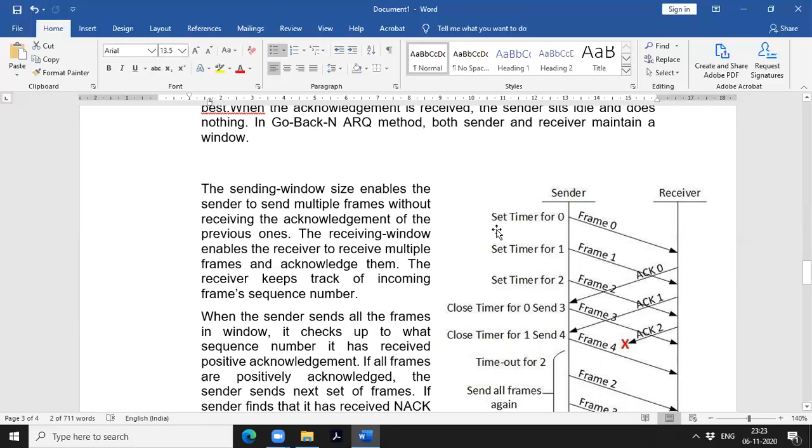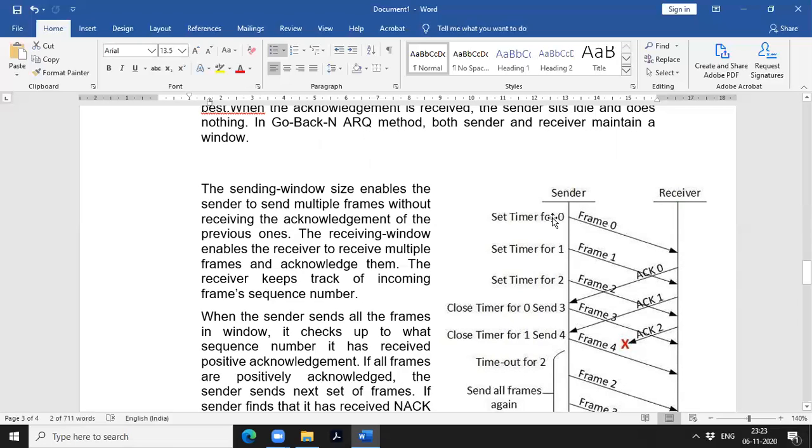So here we are sending frame 0, frame 1, frame 2, frame 3 and frame 4. That is 5 frames we transmit with the help of an equipped timer, but here the timer will not wait for a positive acknowledgement. Initially it transmits 5 frames simultaneously within the given time: frame 0, frame 1, frame 2, frame 3 and frame 4. That is 5 frames transmitted from the sender.